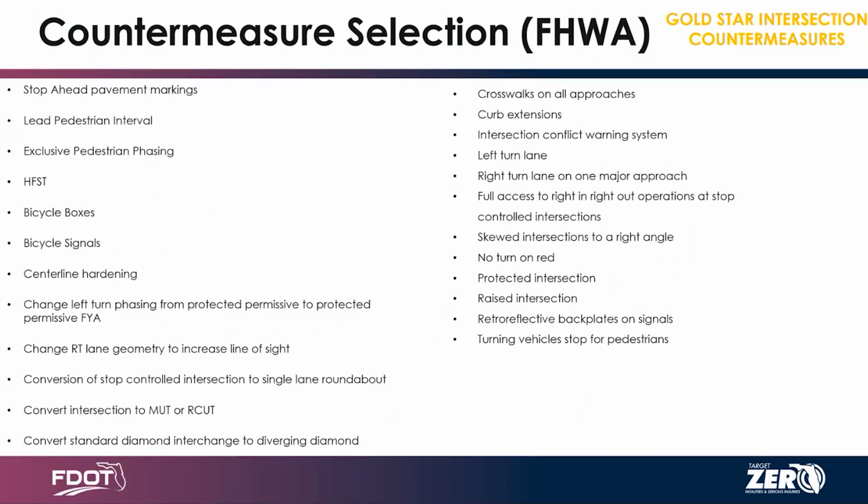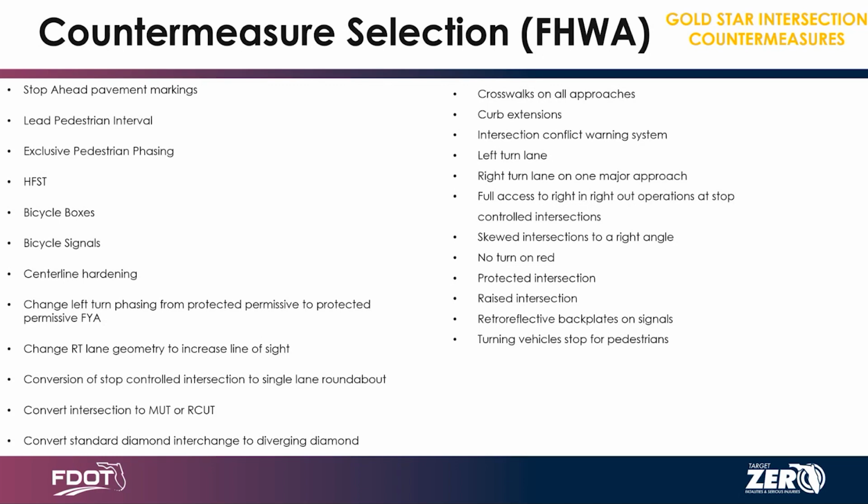Thanks, Nathan. And like Nathan mentioned, this is not an exhaustive list, and we're going to be focusing on the FHWA Gold Star intersection countermeasures. It's a very long list. It's meant to be interactive, and a lot of these come from the CMF Clearinghouse. For those of you who aren't familiar, CMF stands for Crash Modification Factor.